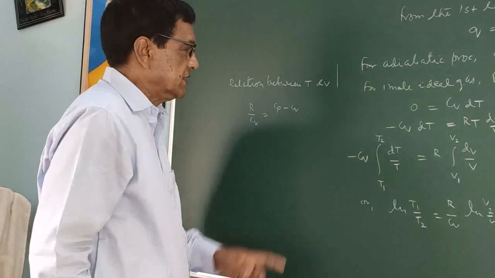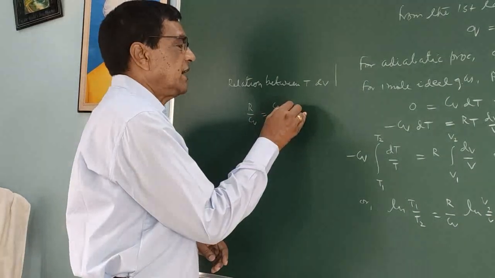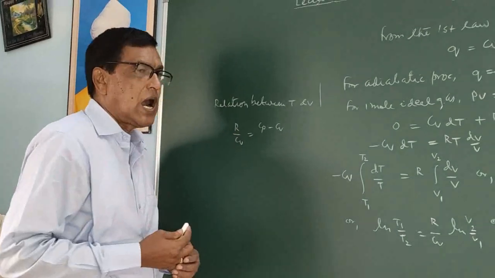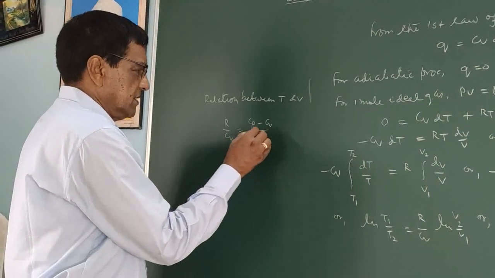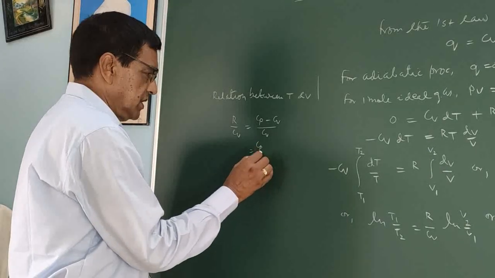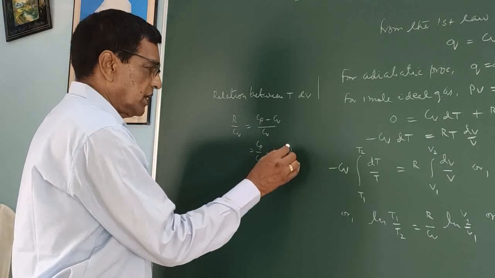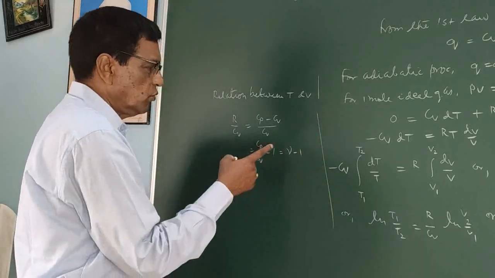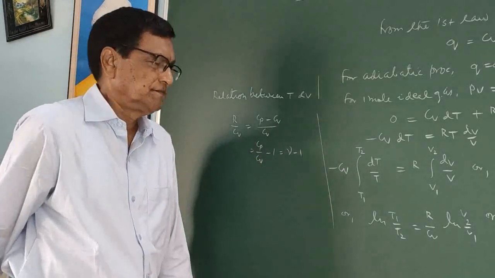The value of Cp minus Cv for this ideal gas is equal to R, and this is divided by Cv. So it is Cp by Cv minus 1, or gamma minus 1. Gamma is the molar heat capacity ratio.